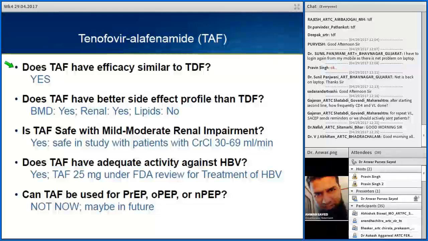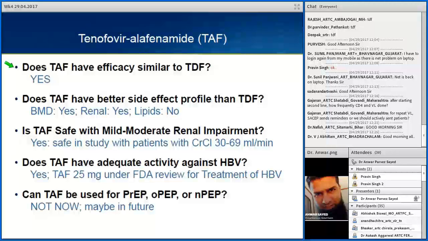There is another formulation which is becoming very common these days, especially in the Western world, tenofovir alafenamide. Tenofovir alafenamide is a similar molecule to tenofovir disoproxil fumarate, which is TDF, which we are using now. But TAF, or tenofovir alafenamide, does not have those toxicities which we have with TDF.